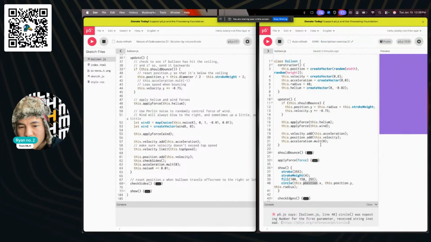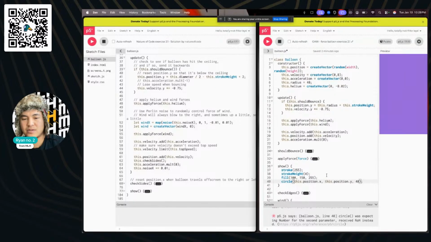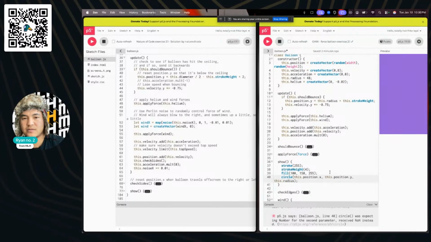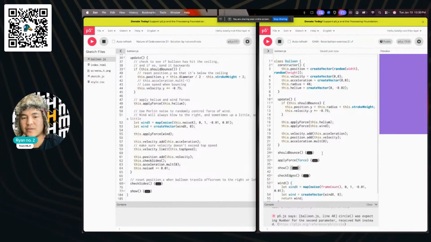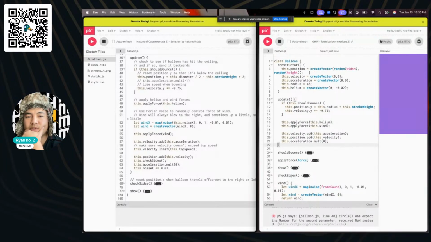No. If I put this back at 48, does that fix everything? It doesn't. Okay, so that's a relief. It's not something that I added in that area. This dot position. So why is it the position dot x is not a number? Maybe it's because we broke position somewhere.